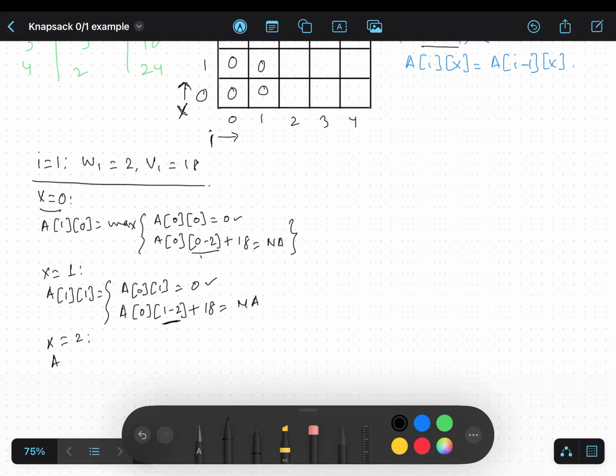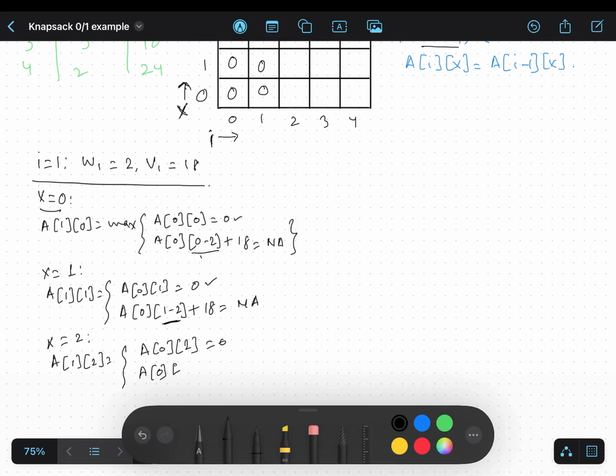So we have A(I, x) is equal to the max of A(I minus 1, x), which is A(0, 2), 0, and then A(I minus 1, x minus W).